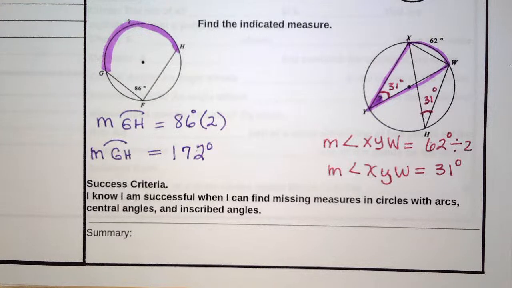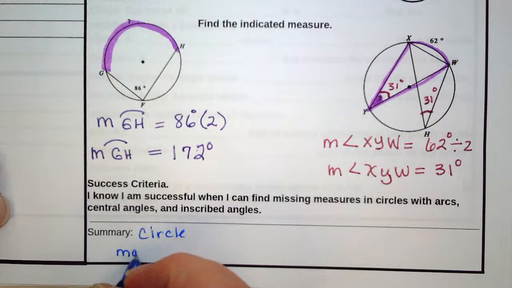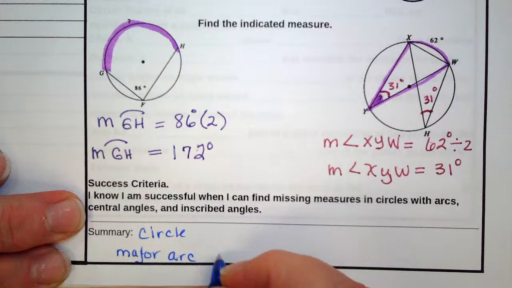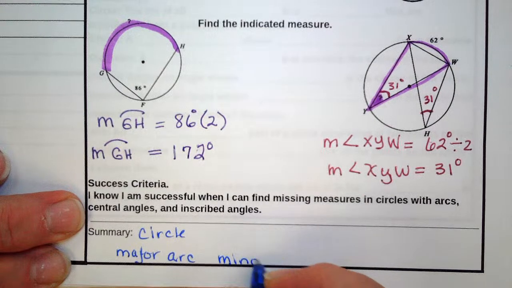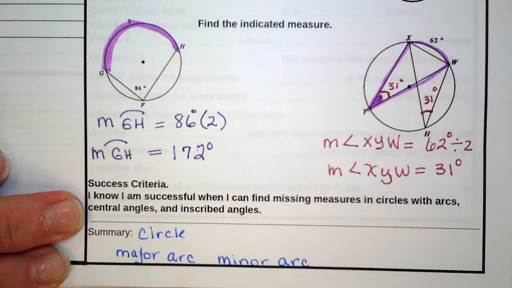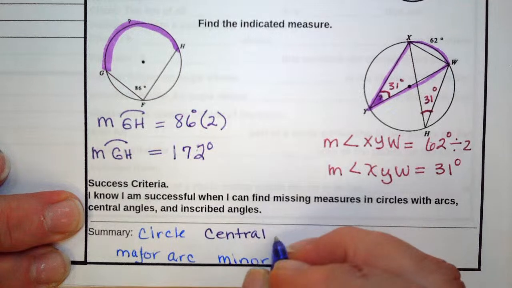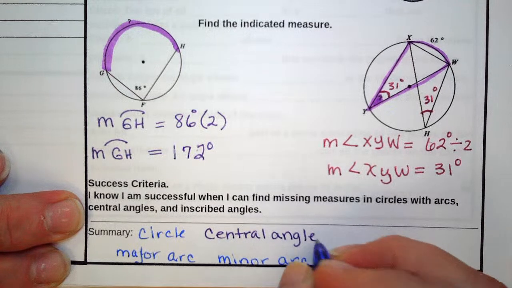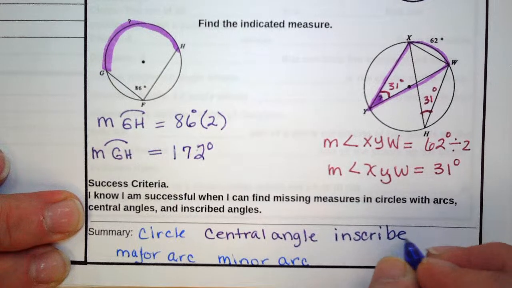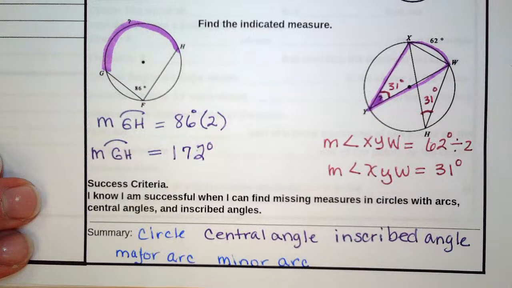So you need to know what a circle is, what a major arc is, what a minor arc is, we need a central angle, and that inscribed angle. Make sure you are studying your vocabulary.